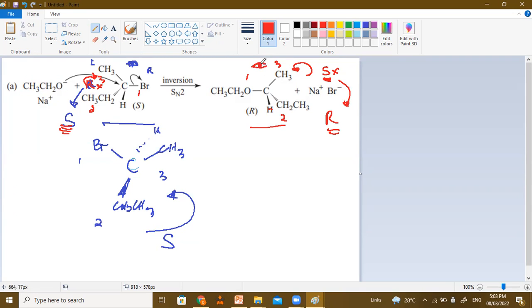This is where our eye should be, and that is how we should view it. With the hydrogen, our eye is at the back of this plane. Looking from here, on your upper left is CH3.